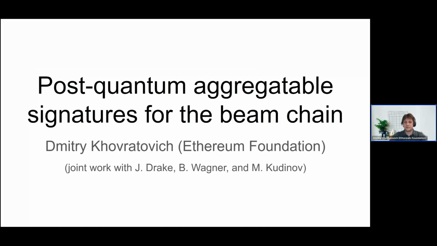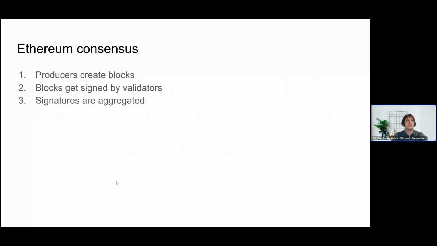Okay, so let me proceed. First, I'll explain briefly why we need aggregatable signatures. You may all know how Ethereum works: blocks are produced one after another, and they get signed by validators, and we expect quite a number of validators to be there.